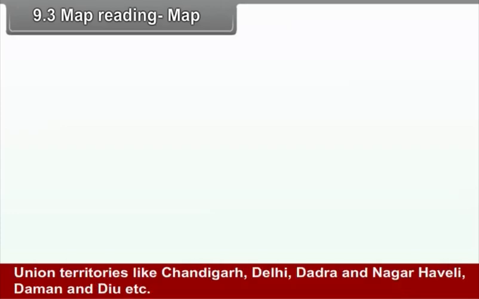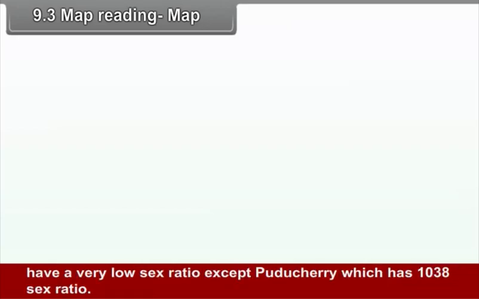Union territories like Chandigarh, Delhi, Dadra, Nagar Haveli, Daman and Diu, etc. have a very low sex ratio except Puducherry, which has 1038 sex ratio.